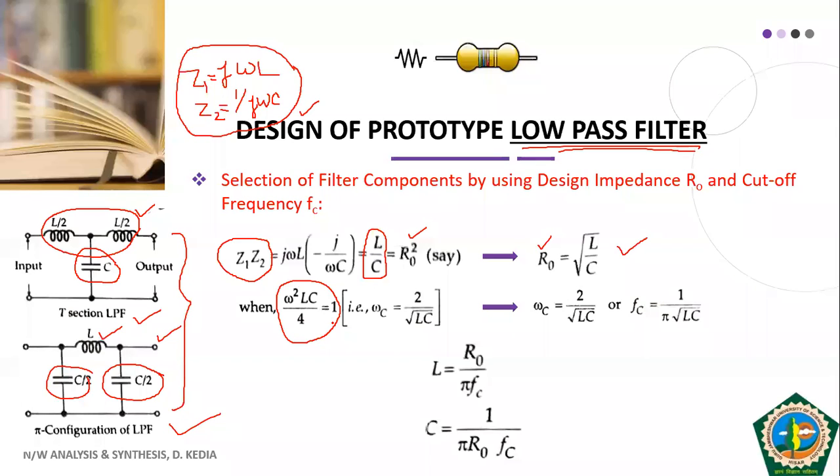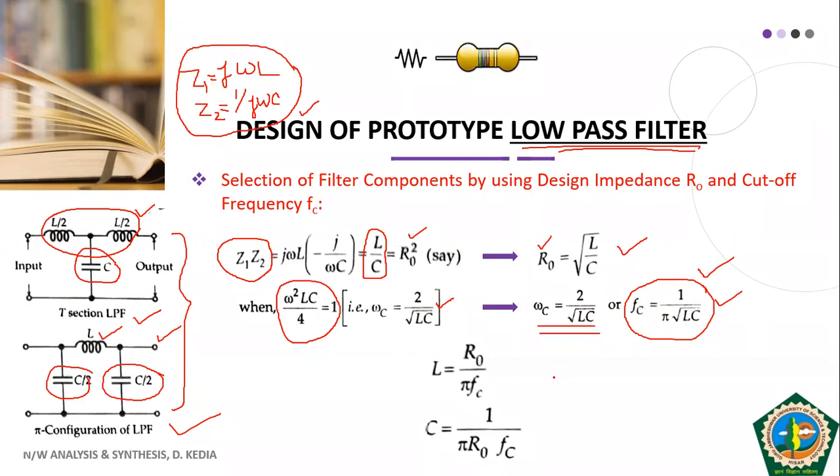If you solve this for omega C, you get this one. So your cutoff frequency for a low pass filter of the type prototype or constant K is omega C equal to 2 by under root LC, which gives us FC equal to this. So we have expressed our design impedance in the form of L and C, and we have expressed our cutoff frequency in the form of L and C.